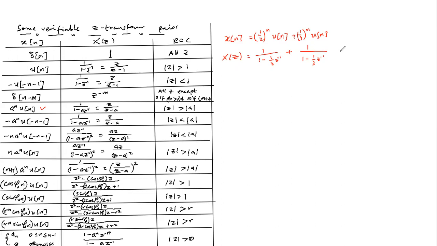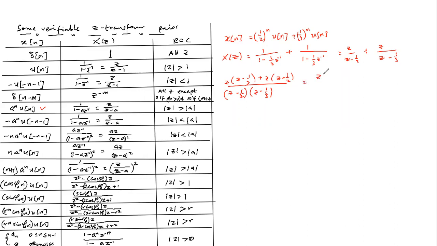Okay, this now will be the same as z over z minus 1 over 2 plus z over z minus 1 over 3. So if we take the LCM here, we now have z minus 1 over 2, z minus 1 over 3, to that z into bracket z minus 1 over 3 plus z into bracket z minus 1 over 2.